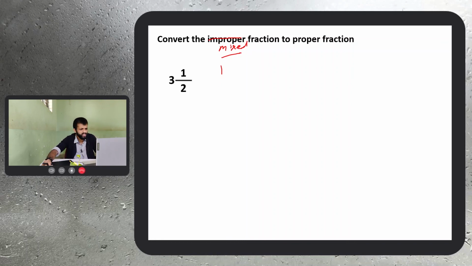All I have to do, it's very simple, just be with me on this. All I have to do is take this number, multiply and then add.